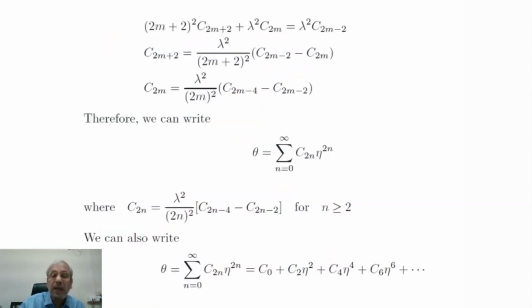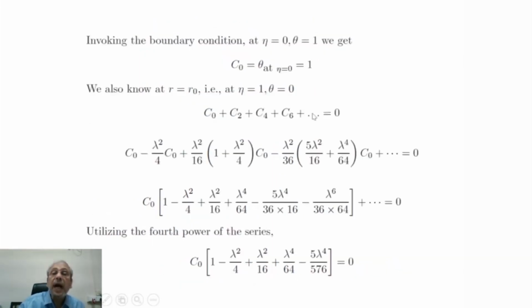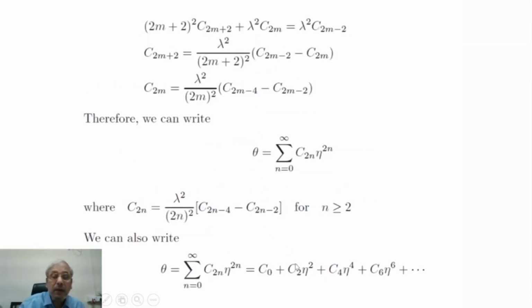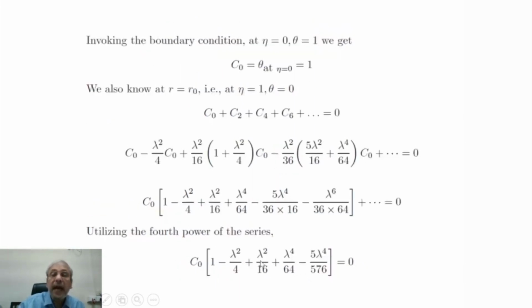And the first one we obtained: at eta equal to 0, theta equal to 1, that gives us c naught equal to 1. And then at eta equal to 1, theta equal to 0, that gives us c0 plus c2 plus c4 plus c6, the even coefficients, equal to 0.